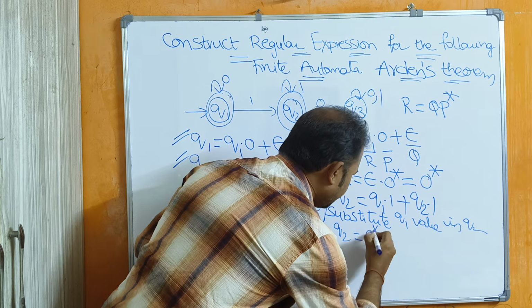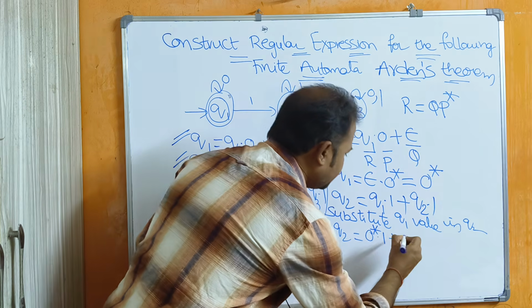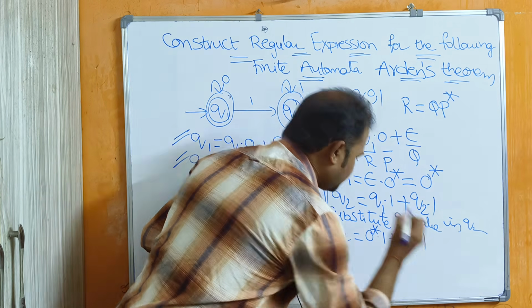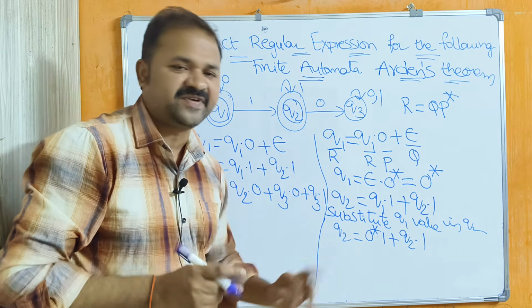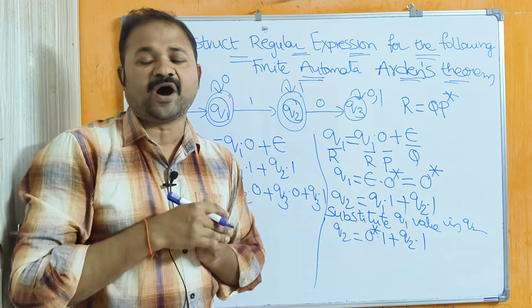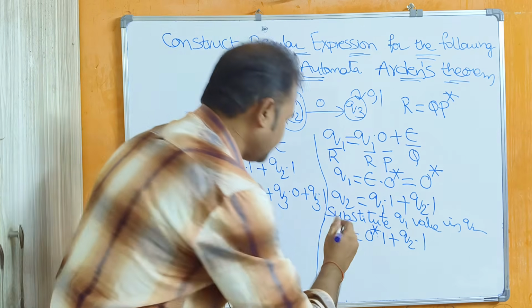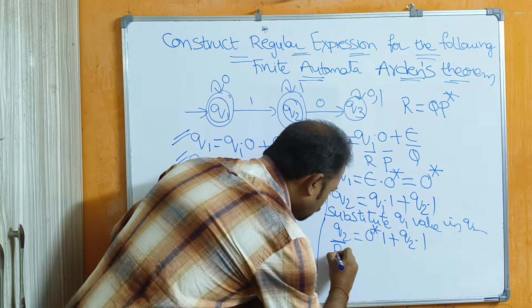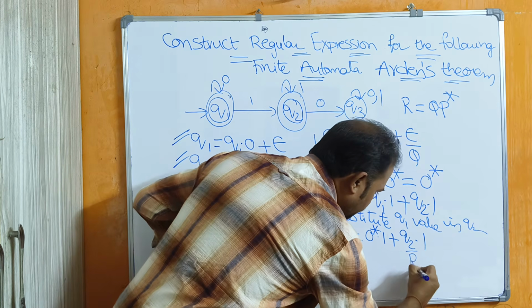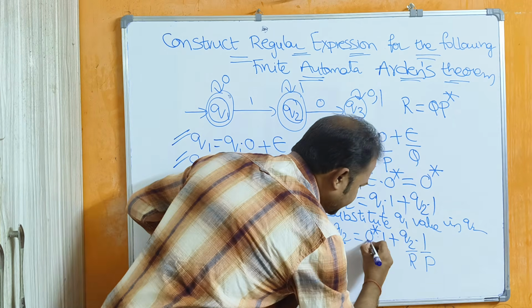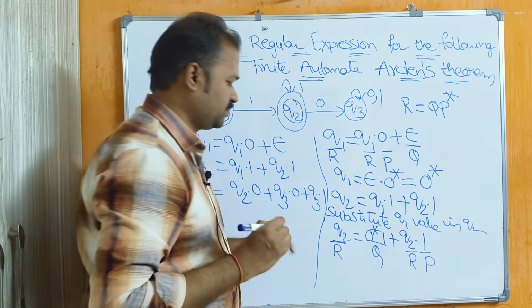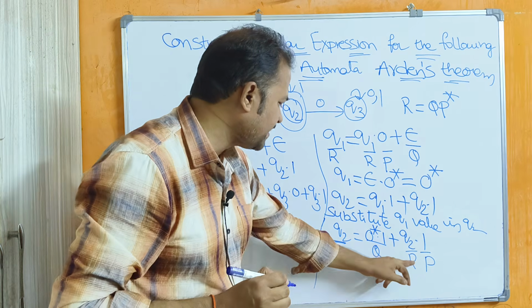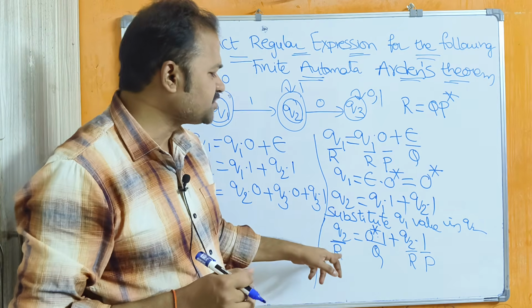So Q2 equals 0 star into 1 plus Q2 into 1. If we observe this equation, it is in the form of R equals Q plus RP. Here R means Q2, this 1 is nothing but P, and this 0 star 1 is nothing but Q. So R equals Q plus RP. Now what is the solution?